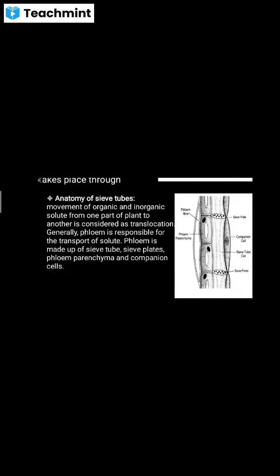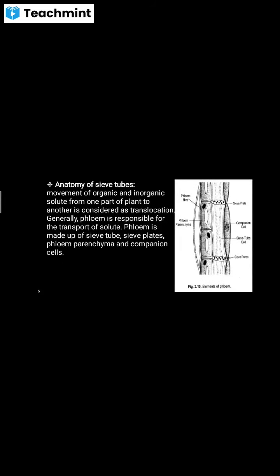Then next is about the anatomy of the sieve tubes. So how in phloem cells the movement of organic and inorganic solutes takes place, we can study in detail. So one thing is clear, the translocation in the phloem takes place through the phloem cells.